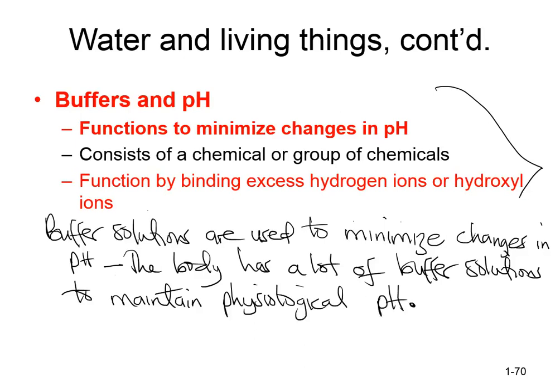Because if the body just changes its pH anyhow, we'll be in big trouble. So because of that, we use what we call the buffer solution. And if you have any questions on this, ask me, we'll go through it.